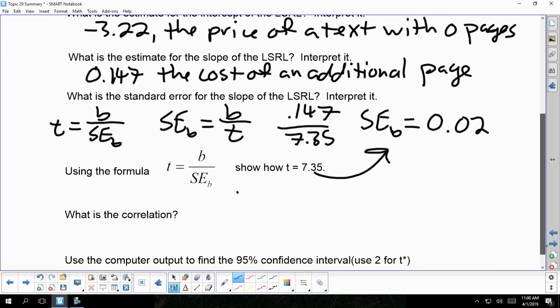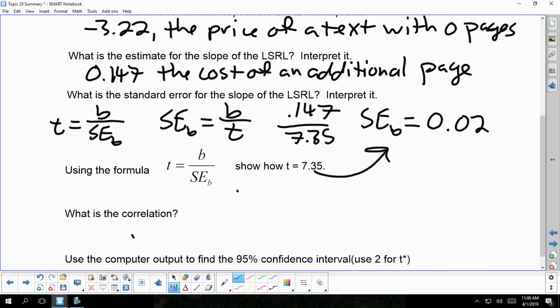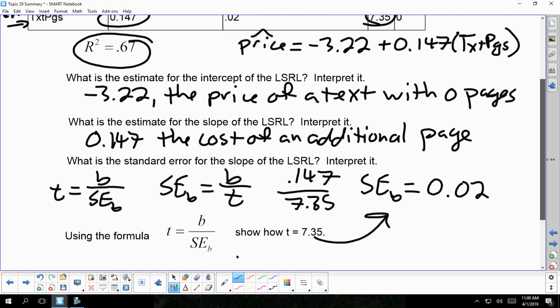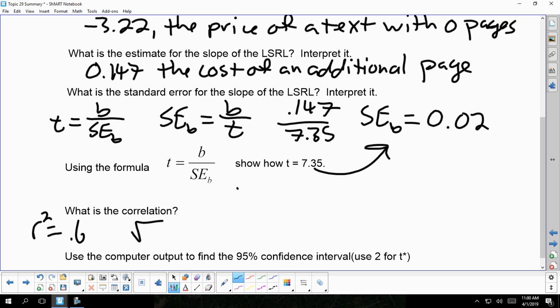So if I'm given r squared, I'm going to take the square root. So r squared equals 0.67. r equals the square root of 0.67, and I get r equals 0.82. And make sure we verify that this is positive.